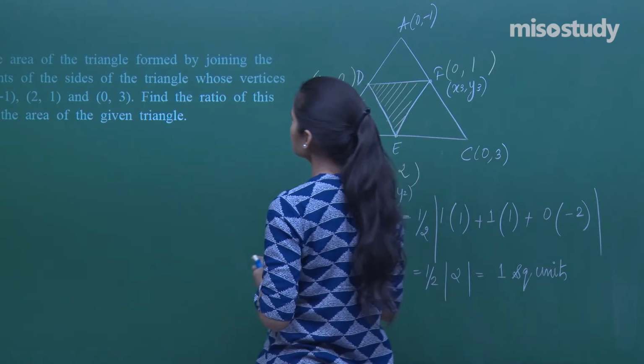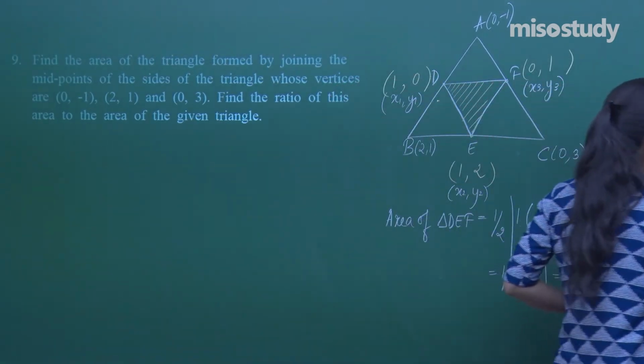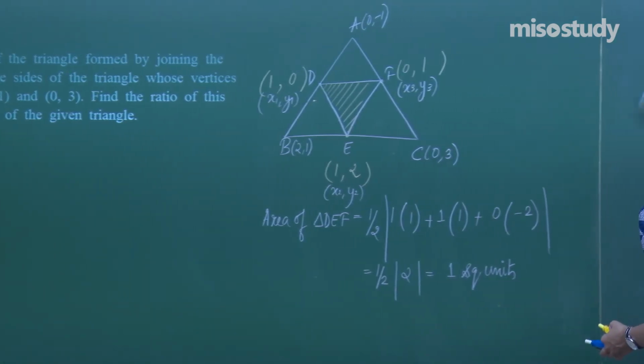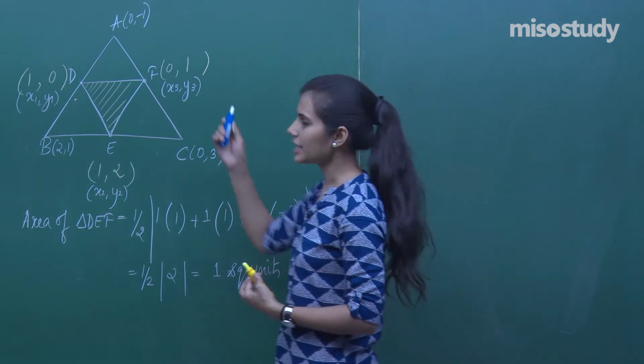Further, the question is also saying find the ratio of this area to the area of the given bigger triangle. So now you have to find the area of the bigger triangle as well, which is ABC.